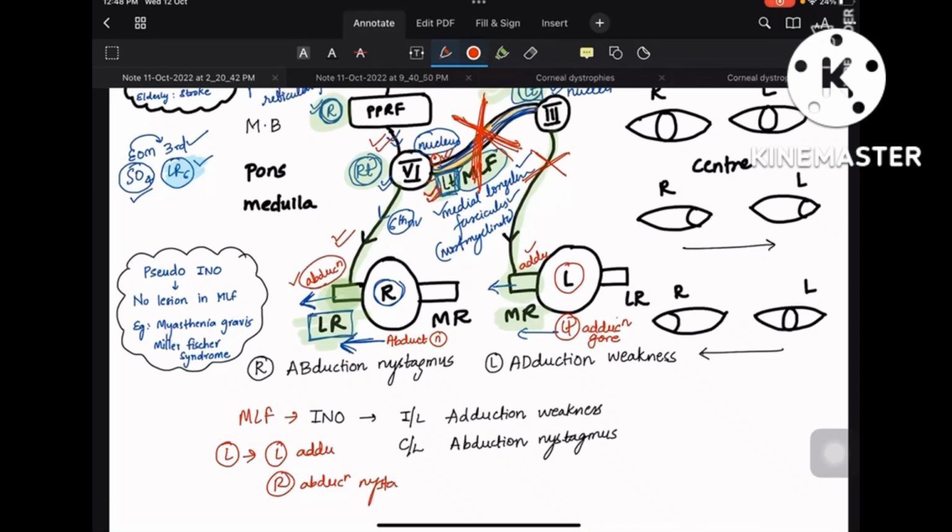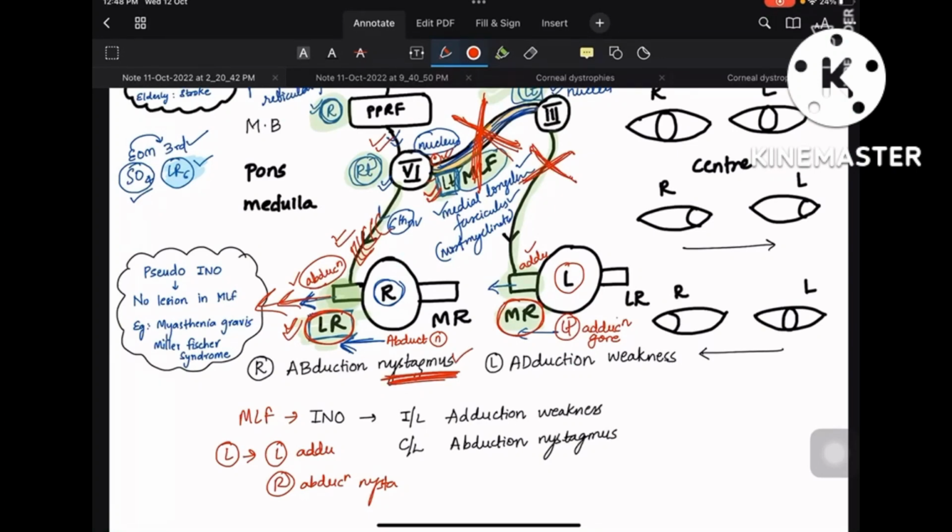The eye tries to move towards this side, as lateral rectus is functioning. But since the medial rectus is not functioning, more of the impulses come towards this lateral rectus, causing abnormal movement. So more of the innervation comes towards the lateral rectus, since the conjugate muscle, the medial rectus, is not having any impulses. So that leads to nystagmus.